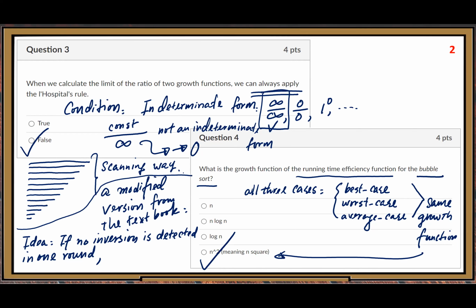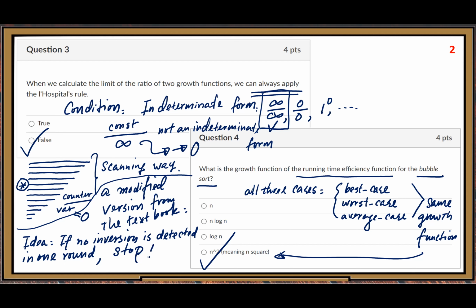So any round, you need to use a counter variable to count the number of inversions. If that number equals 0 in any round, if no inversion is detected in one round, stop. You do not need to complete the remaining scanning. Stop immediately.